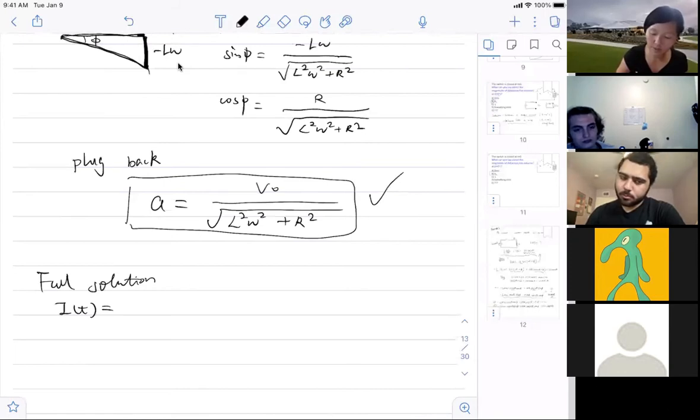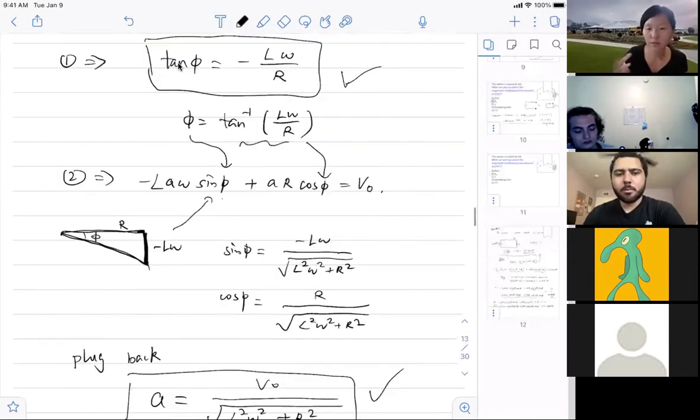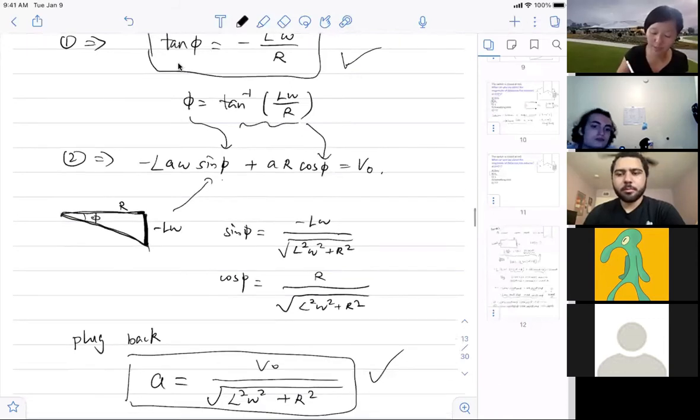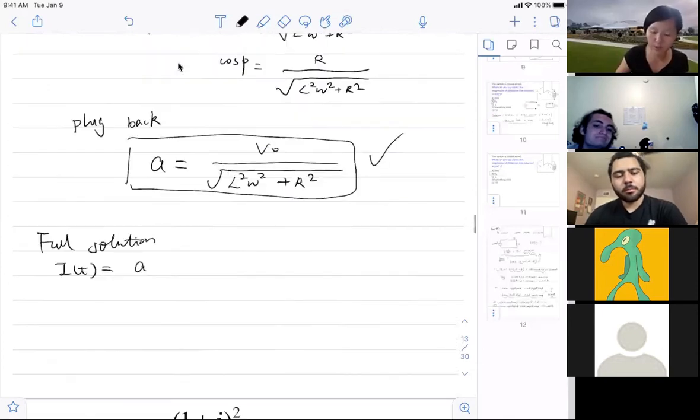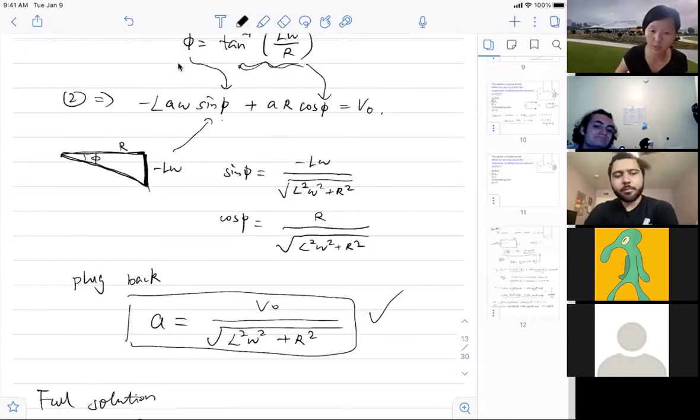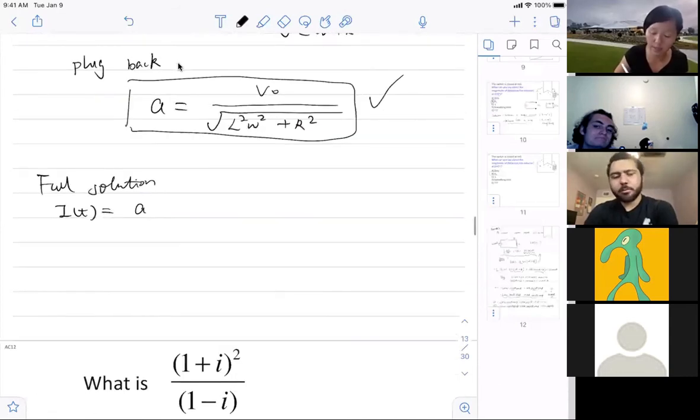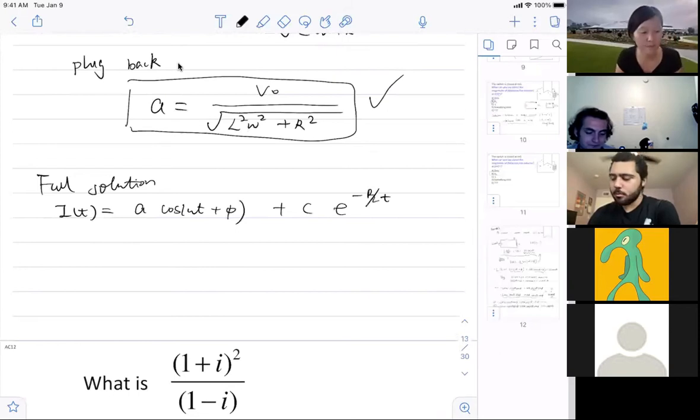Because this phi is so hard to write out, I want to just keep phi in my writing and refer people to its expression later. I don't want to write this entire awkward thing into the cosine, so I'm going to keep it as A cosine of omega t plus phi. That's the unique solution, plus the general solution that we already solved previously.